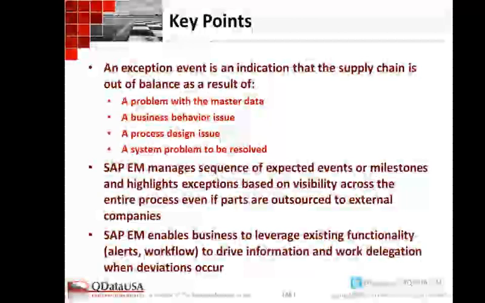An exception event is an indication that the supply chain is out of balance, and it's out of balance because either there's a master data issue, a behavioral issue, a design issue, or a system problem. Generally folks jump right into that last part: the system's broken. No, the system just does what the system's told.